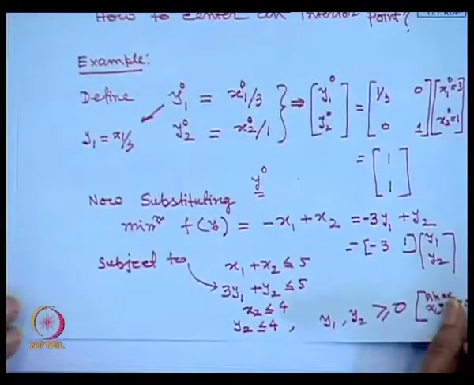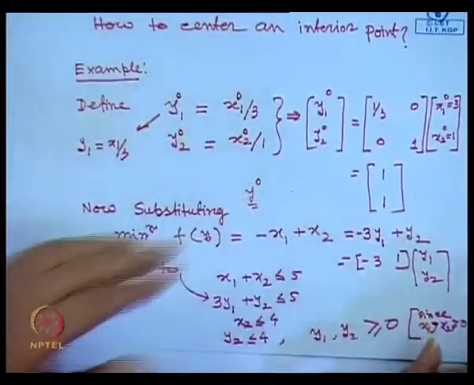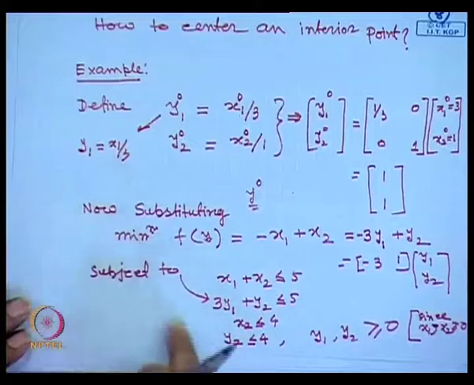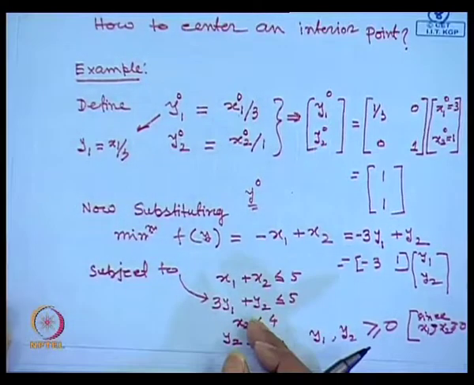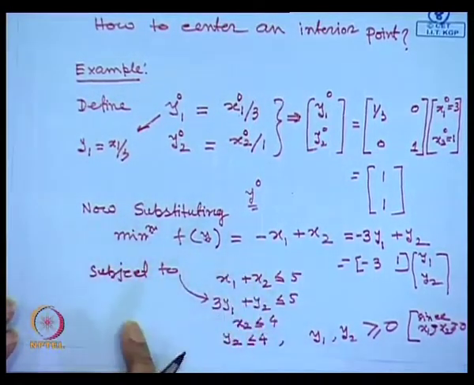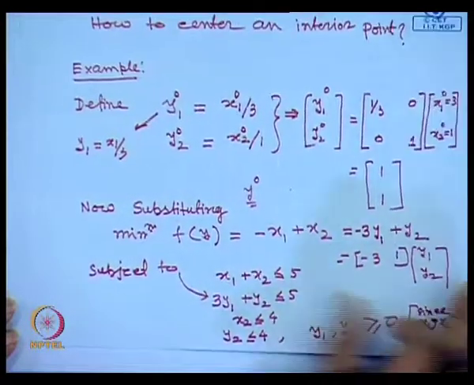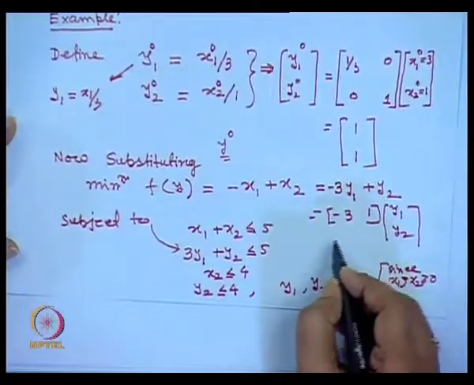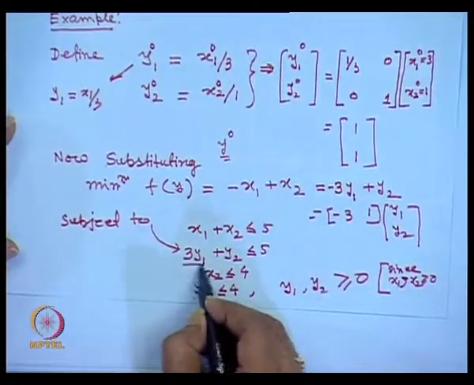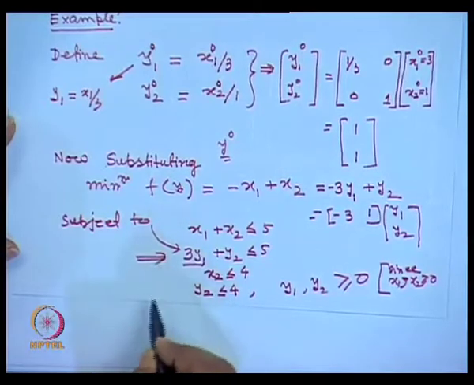So, now you see, if you just redraw this optimization problem graphically, if you plot the optimization problem, it looks like this, and you will see that the point in the new coordinate system is in the center. So, I am now plotting that. You see this constraint, this is one constraint, this is another constraint.